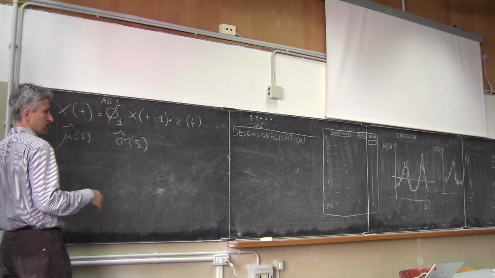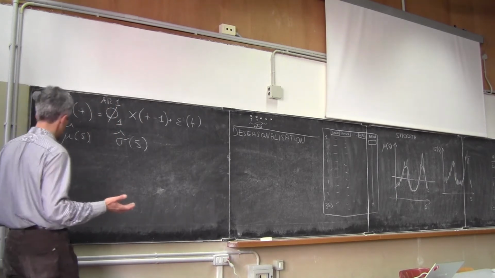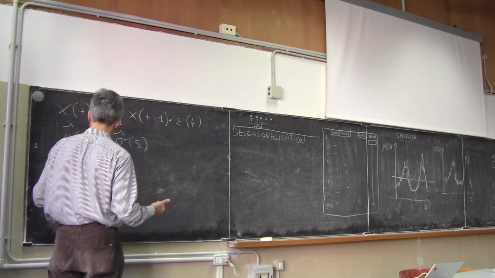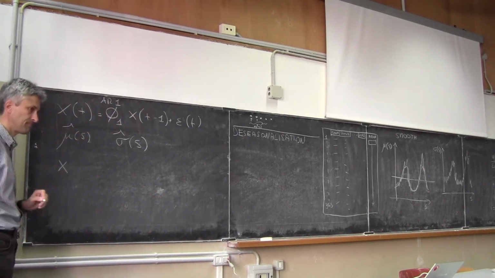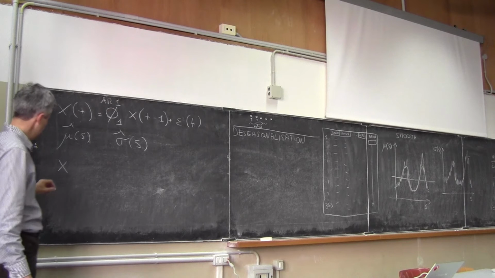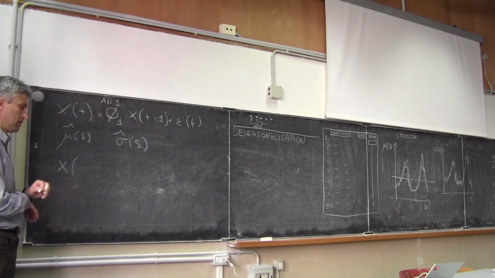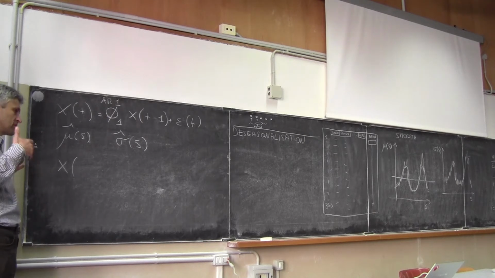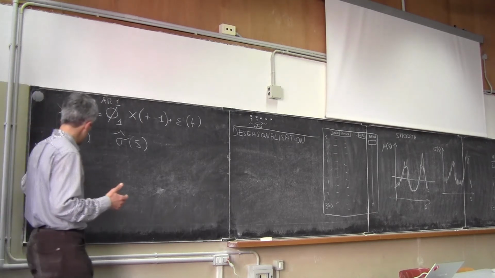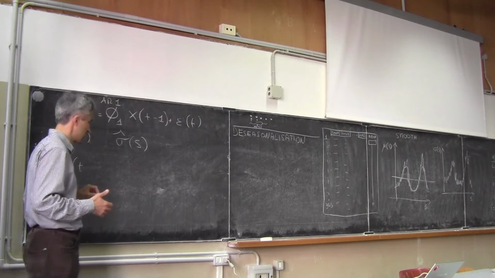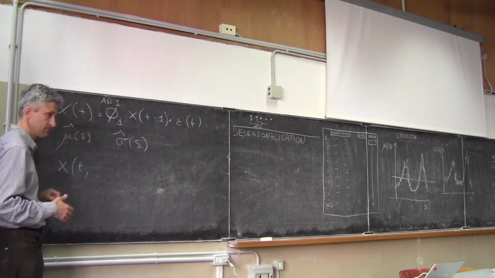Now let me write how to perform this standardization of the variable x, and let me introduce, in order to use a consistent notation, a second index for the variable x besides t.